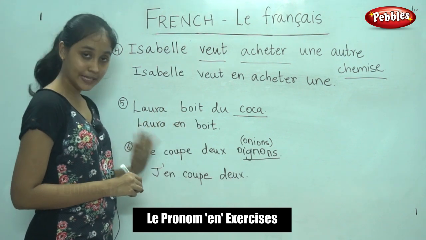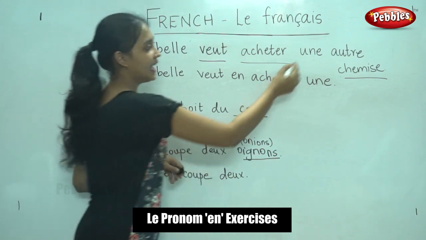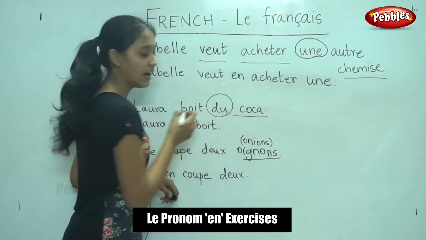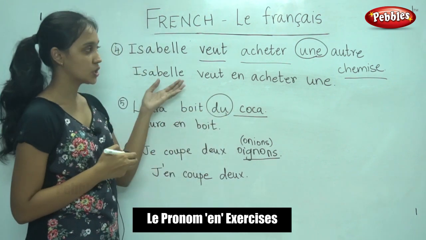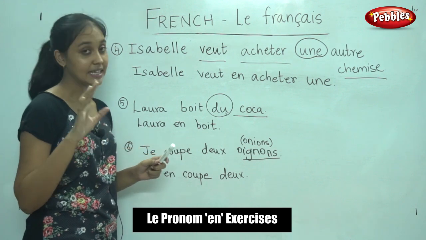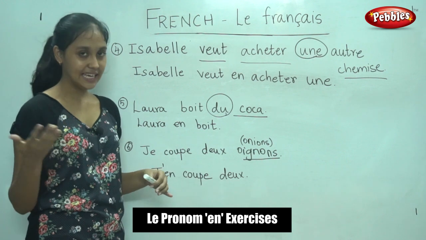En replaces a noun that is introduced either by an indefinite article or a partitive article. So what do we do in the sentences? We recognize the noun that needs to be replaced and we replace it with en.